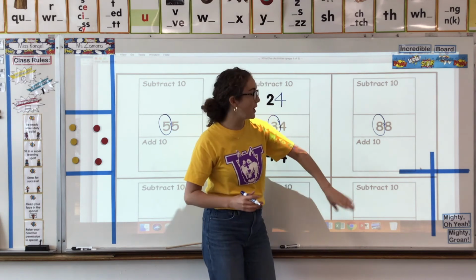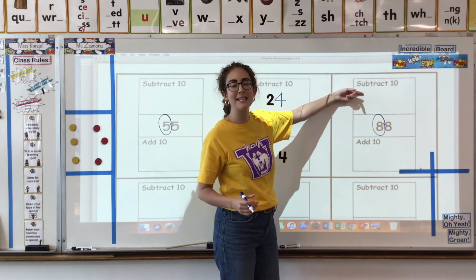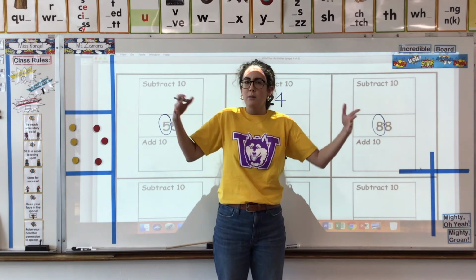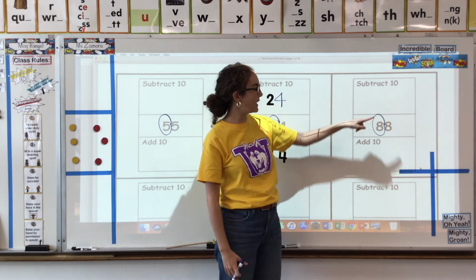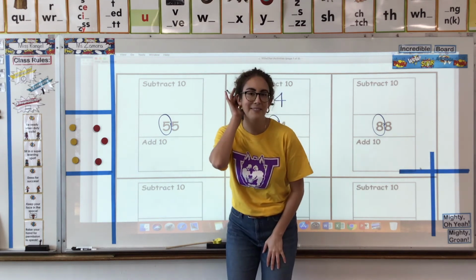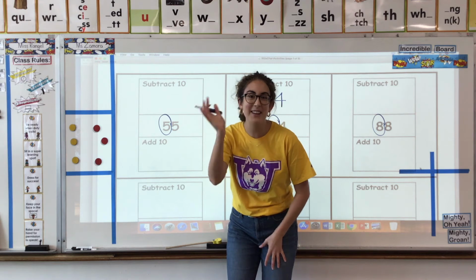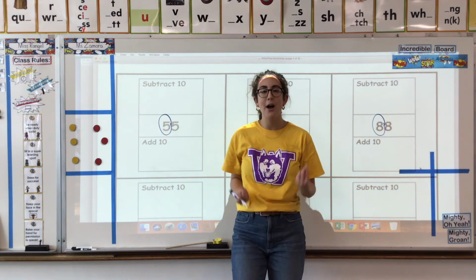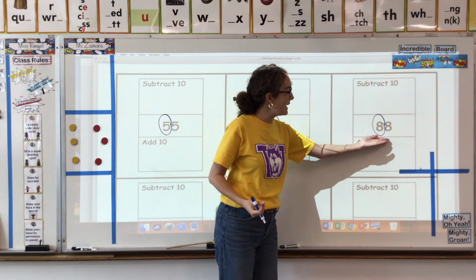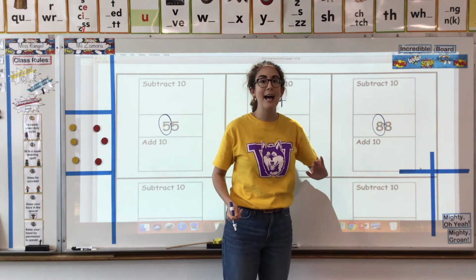So if we are going to subtract 10, what are we going to do? What's going to happen to the tens place? We're going to take away a 10. We're going to skip count down. So if we have 88, what is 10 less?